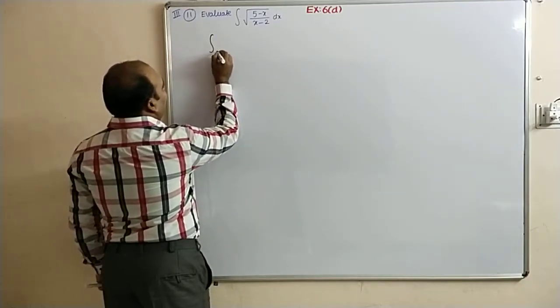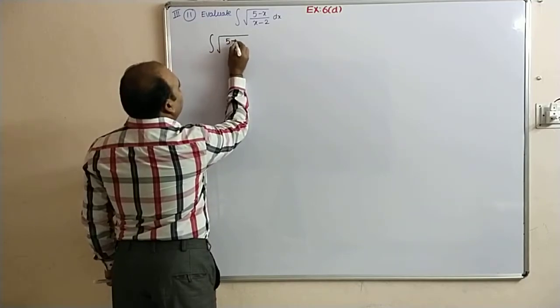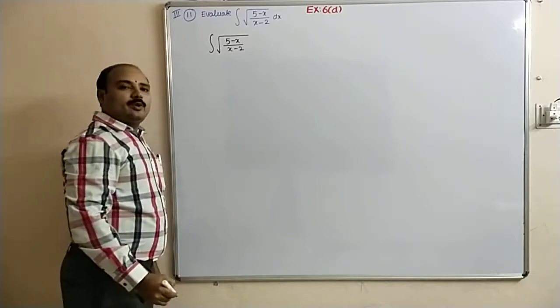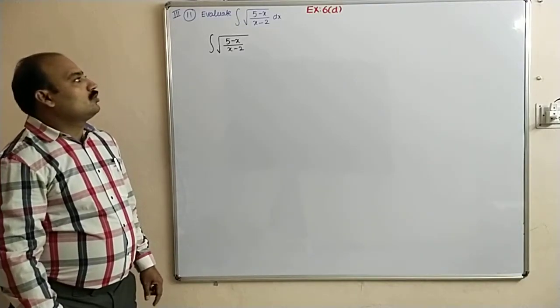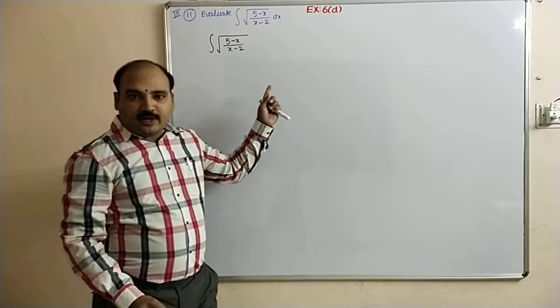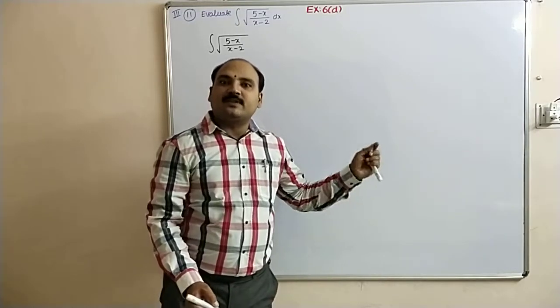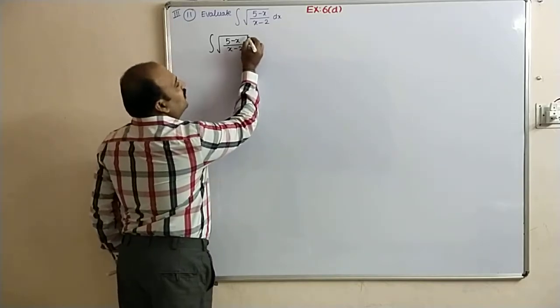Integral square root of 5 minus x divided by x minus 2 into dx. So, to convert into the form of integral px plus q divided by root of ax square plus bx plus c, we have to multiply and divide by the numerator.